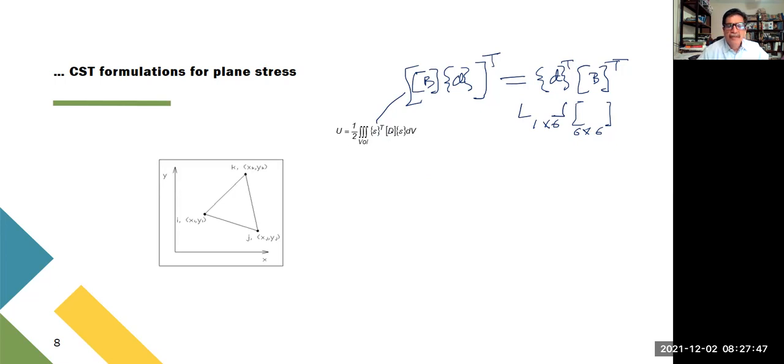The other thing is there. Okay, so the differential of the volume is equal to the thickness times the area here. And we assume that the thickness is uniform, so we can take it outside the integration. We have D transpose here, B transpose here, dB times D, this is sigma, and the integration on the area. We can go on.